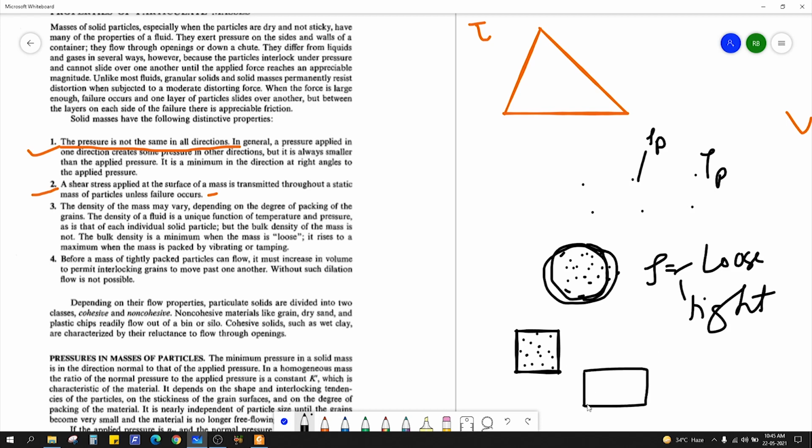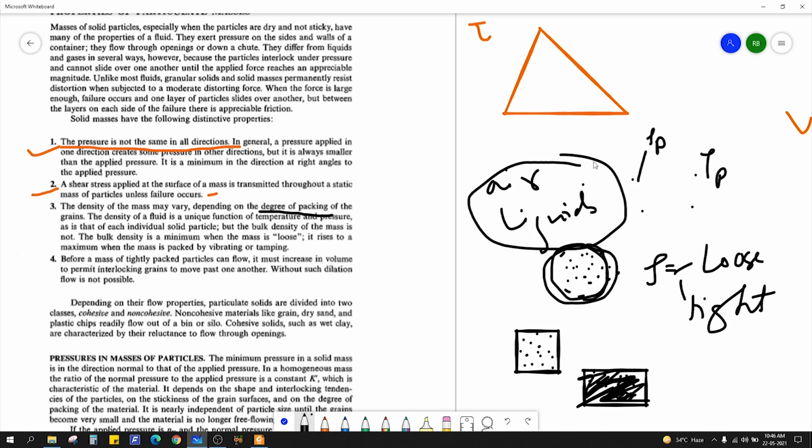And if you have very densely packed particles, all filled, with very little gap between the particles, then the density will be very high. So the density of solids will vary with the degree of packing, how much void fraction there is. But for air and liquids, the density almost remains constant. It doesn't depend upon the degree of packing. Fine.